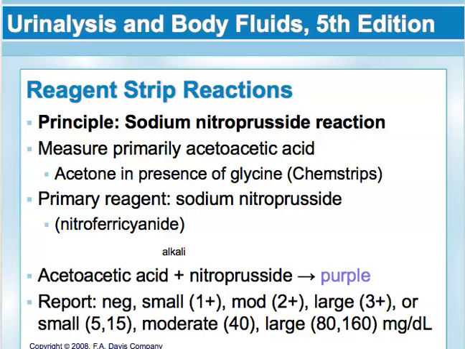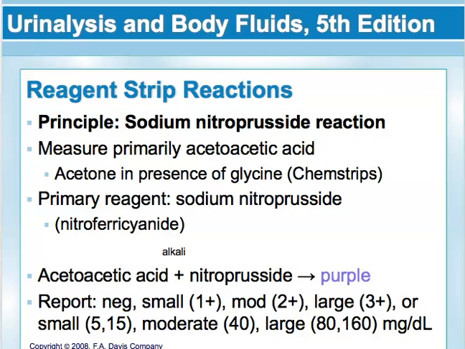Okay, the reagent strip reaction. So the reagent strips mainly measure acetoacetic acid. The reagent strip tests use the sodium nitroprusside reaction to measure ketones. So in this reaction, acetoacetic acid in an alkaline medium reacts with the reagent sodium nitroprusside to produce a purple color.